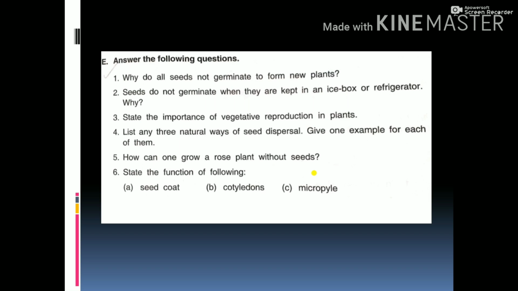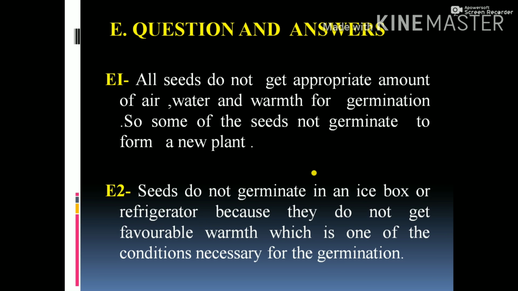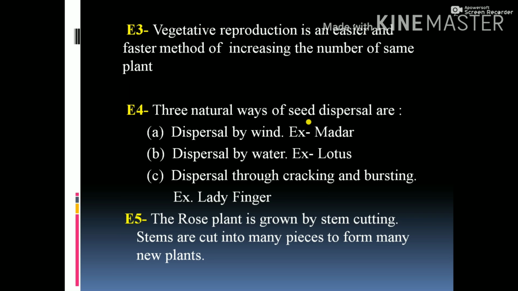Now see the answers to all these questions, 1 to 6. It is given to you clearly. First answer: all seeds do not get the appropriate amount of air, water and warmth for germination, so some seeds do not germinate to form a new plant. E2. You see again.